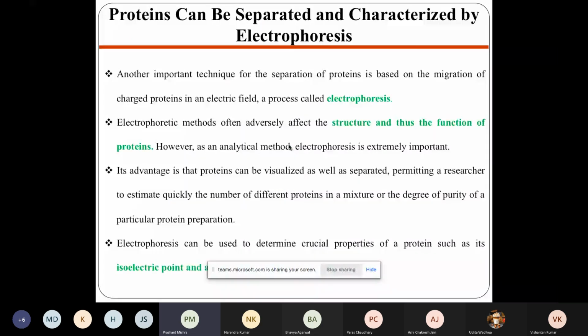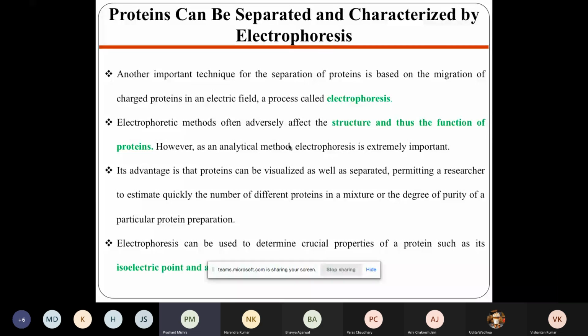Now, once you purify proteins, one of the ways by which you can characterize them is known as electrophoresis. Electrophoresis is a very important technique for separation of proteins.